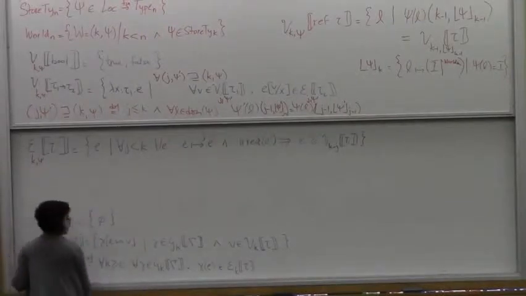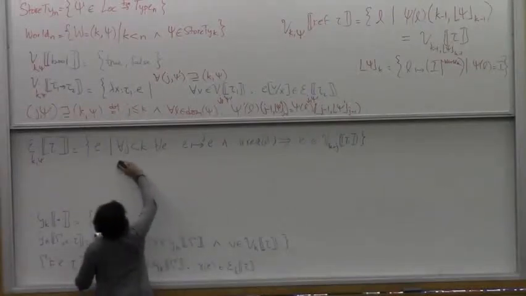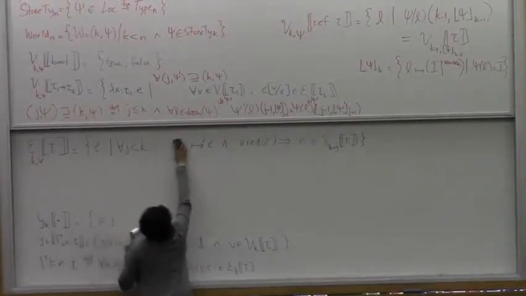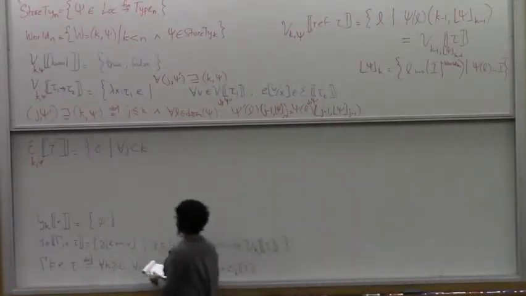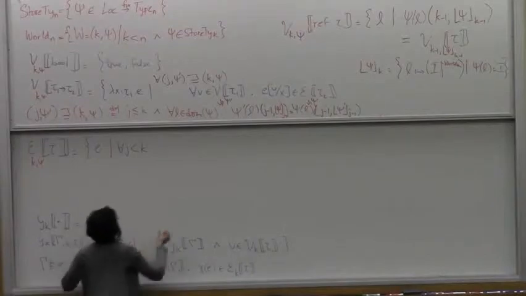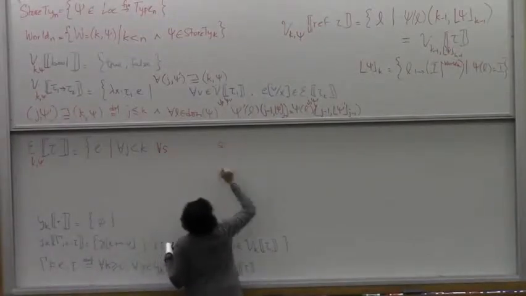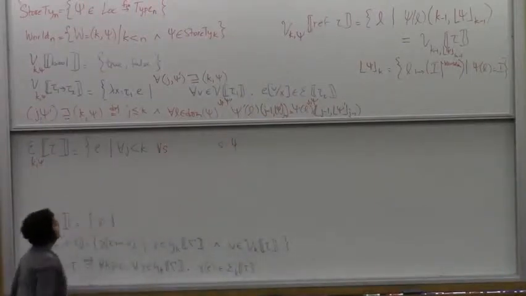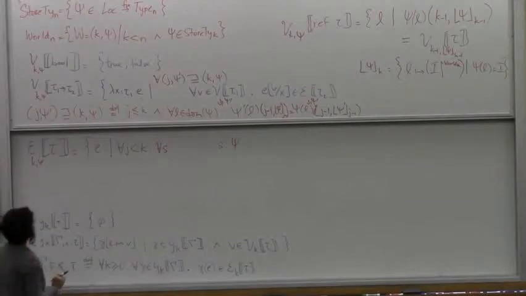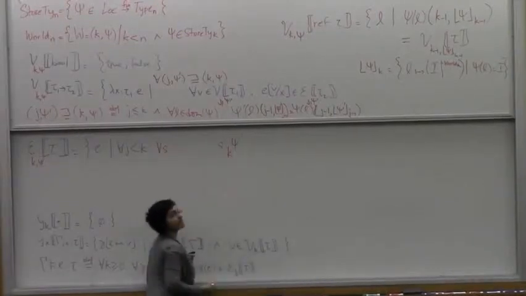Exactly. So this requires some major changes. Okay, so we need to pick a store S such that S satisfies psi, and I'll define this in a second. And we're going to start running this term when we have k steps left. So we want the store to satisfy psi for k steps.